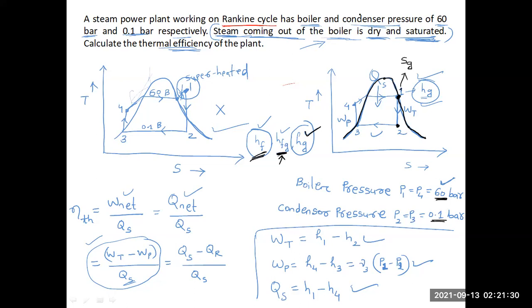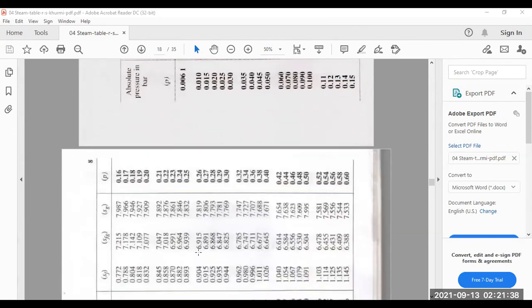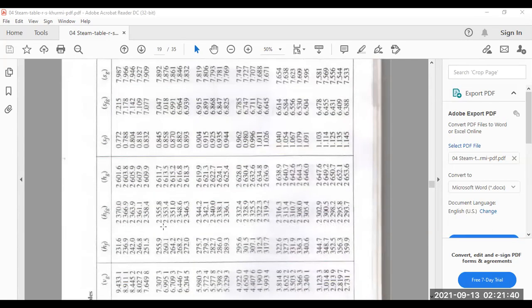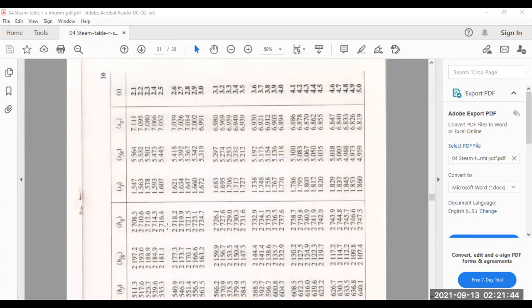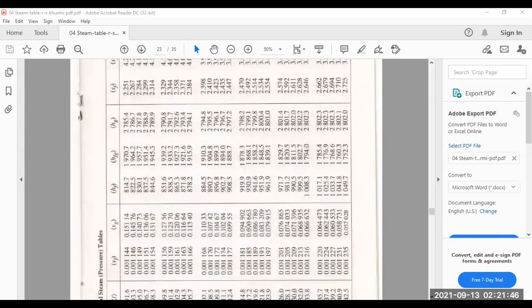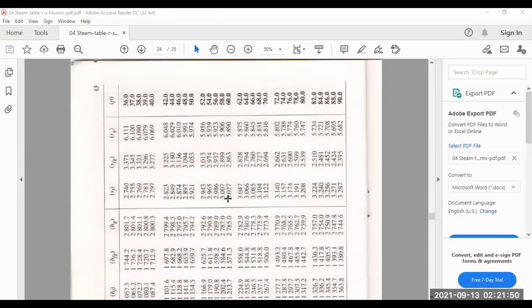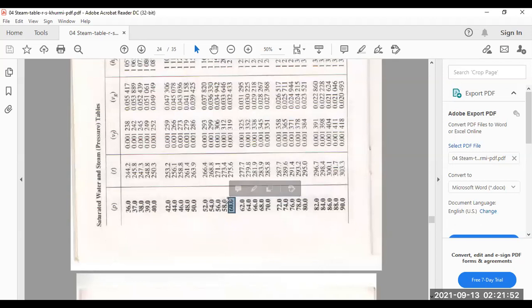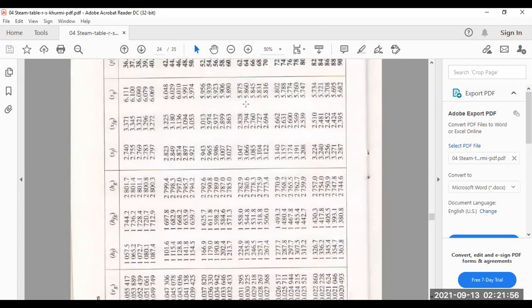Again we'll go to the data book. So over here, we will find out where is 60 bar pressure. So here is 60 bar. This line is 60 bar pressure. Here we will see what is the value of sg. So here the value of sg is, you can see 5.890.